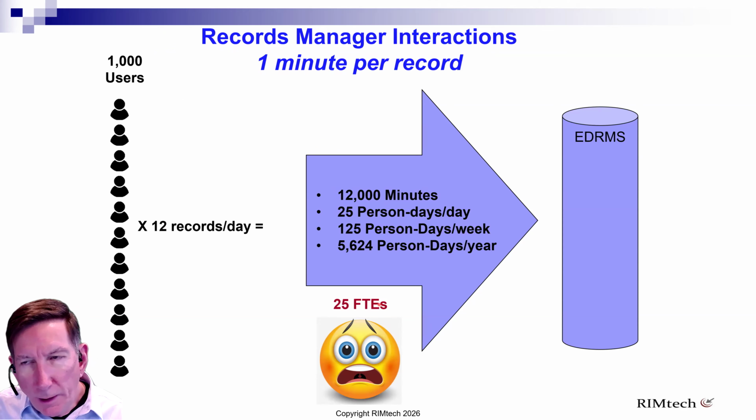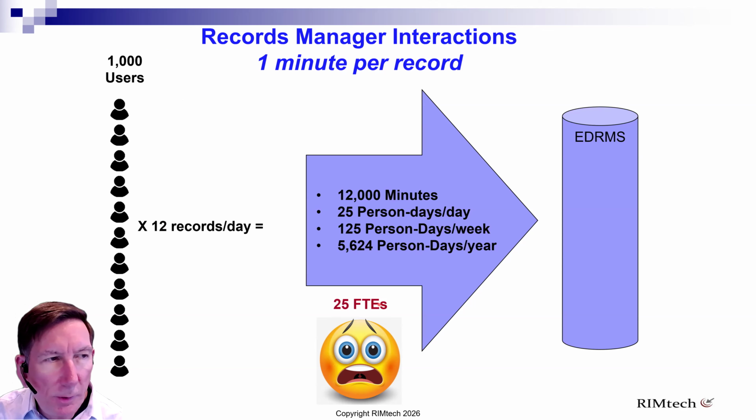Now, if that is the case, and it most certainly is, then think about that for a minute. 12,000 documents coming in per day that need to be managed as a record. If the records manager needed 1 minute per document to examine it, classify it, check it, or do anything with it, that would be 12,000 minutes or 25 full-time employees.